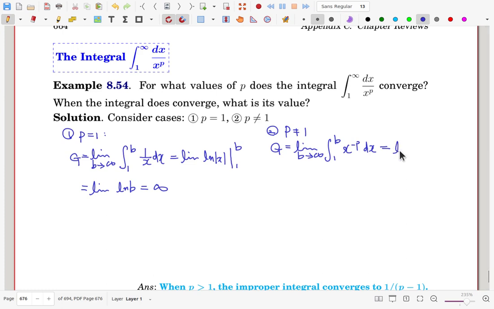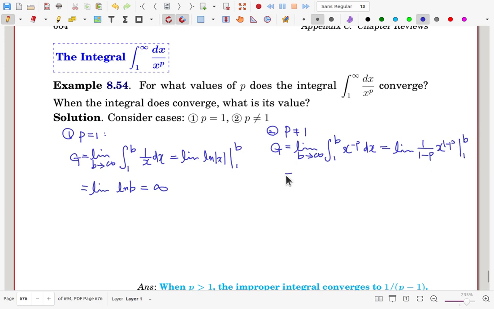So, same limit, and then that is 1 over 1 minus p times x to the 1 minus p, right? And then we have evaluation from 1 to b.